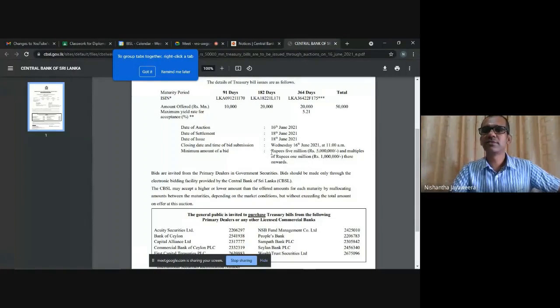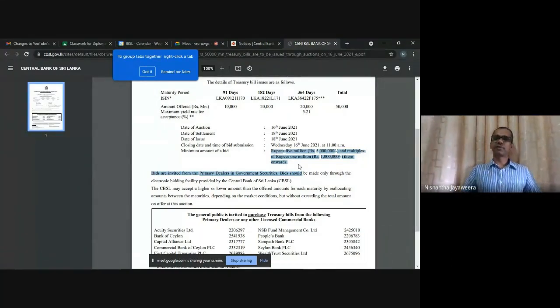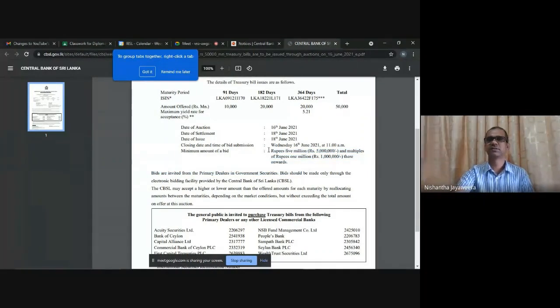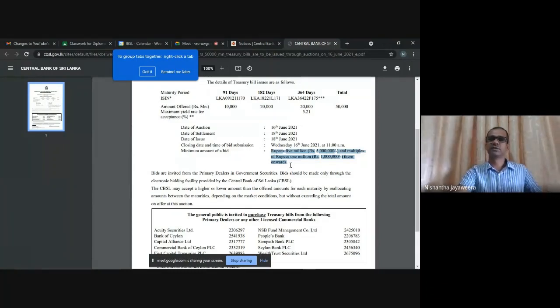See, this is what we saw on the Bloomberg screen last day. 5 million and multiples of rupee 1 million. So this is applicable for the primary trade, but in the secondary market, I don't think there's such a restriction. There's no such restriction in the secondary market, but in the primary, this restriction is there even for bonds. Minimum bid should be 5 million, and then multiples of 1 million.